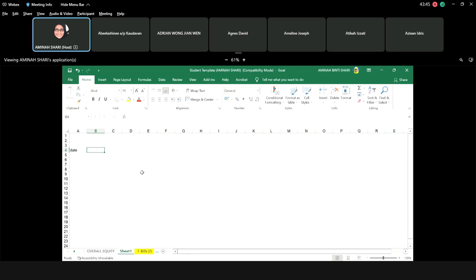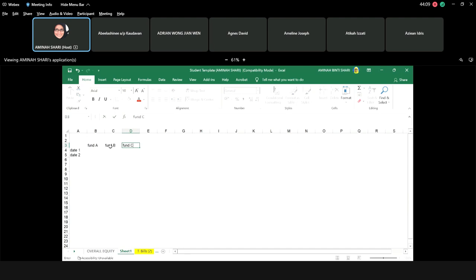Ni date and then ini adalah contoh fund A. Okay, contoh fund A and then you akan dapat macam ni kan, date and then you ada fund B, okay. Nama fund you lah I tak tahu.